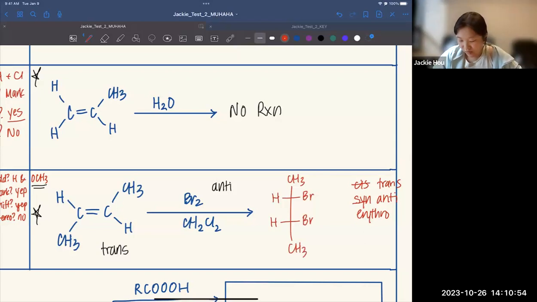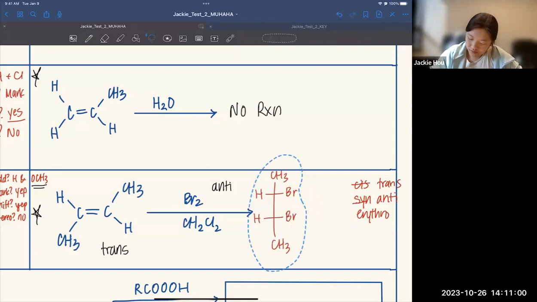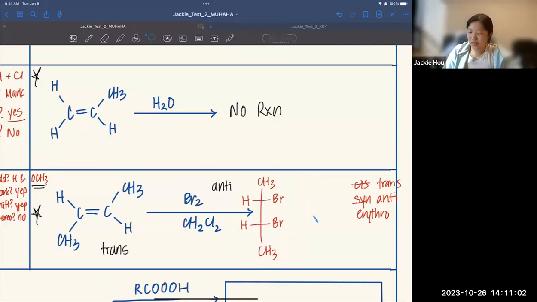For anything erythro, if you draw it as dashes and wedges, you just want to make sure that they are either RS or SR. That's key to whatever's being erythro. Things that are threo will always be either RR or SS.